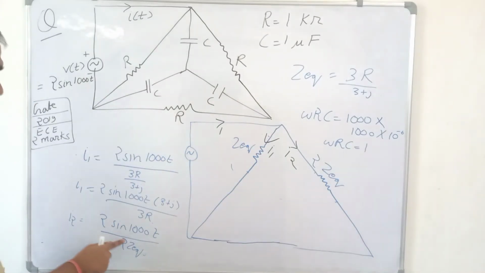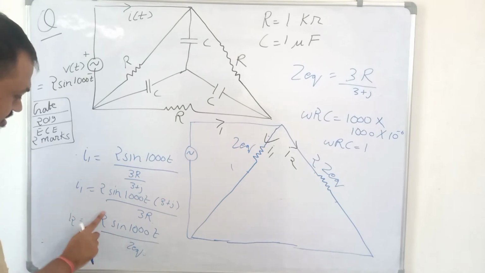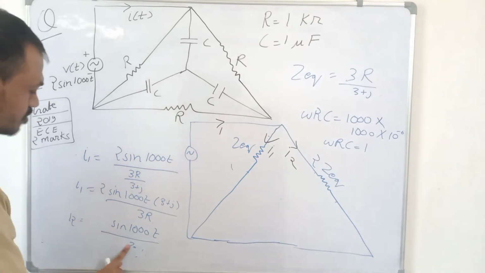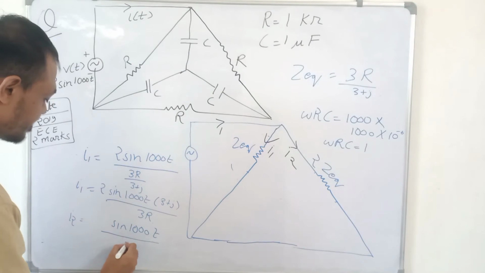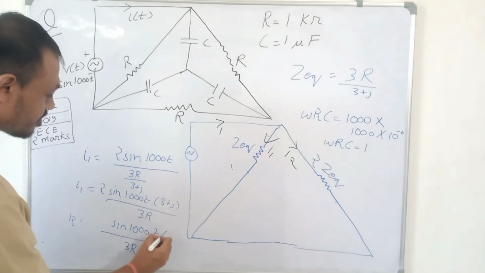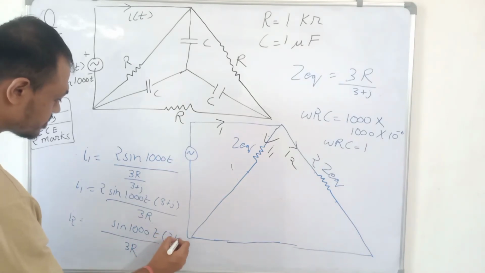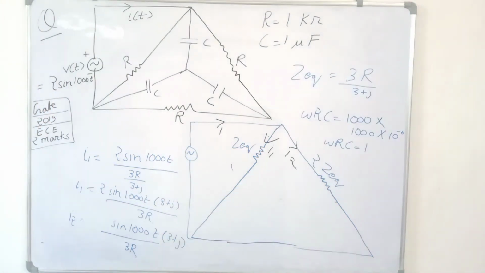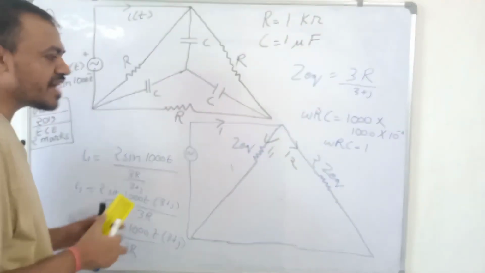The 2 and 2 will get cancelled, so this will be 3R upon 3 plus j. These are the values of I1 and I2.